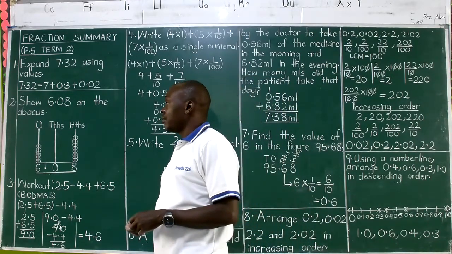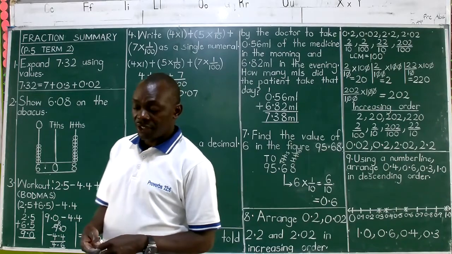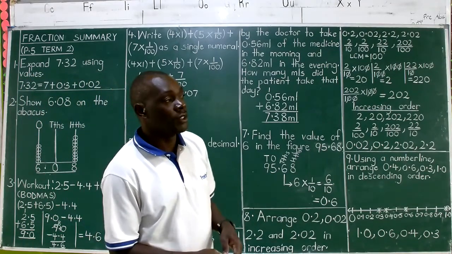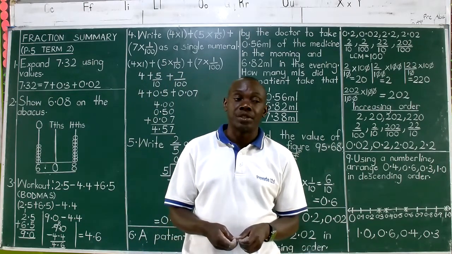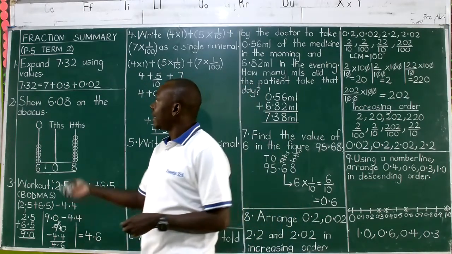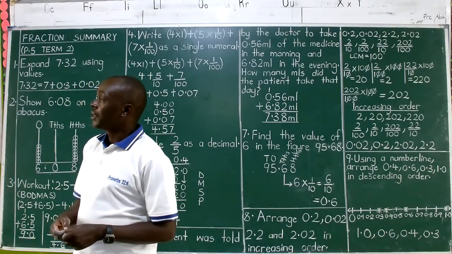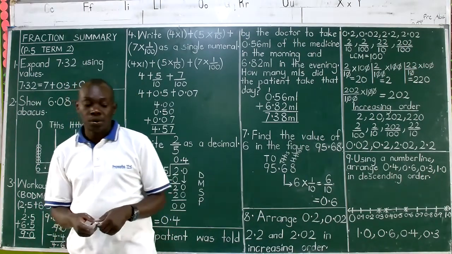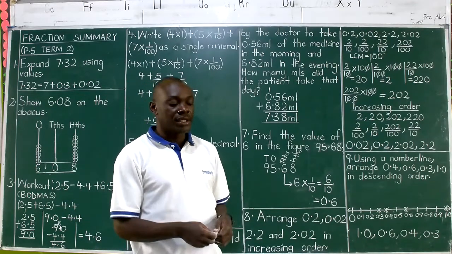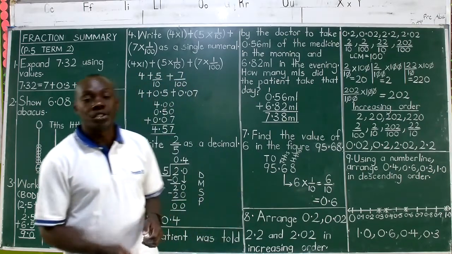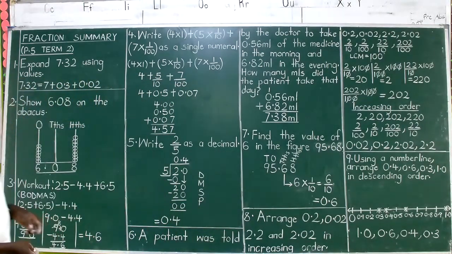Those two are totally different. If you are finding the value, remember we said value equals digit times place value. Now, this number tells us to expand 7.32 using values. This number assumes you know how to find the values and that you have them now. You use them to expand.